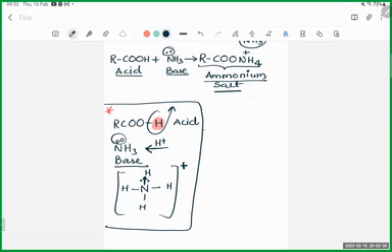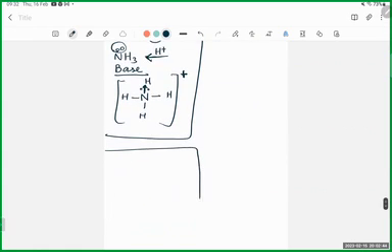And this ammonium salt is not stable. If we just heat it, it will lose water. Look at the structure here for your reference: carbon double bond oxygen, and we have NH4 plus.